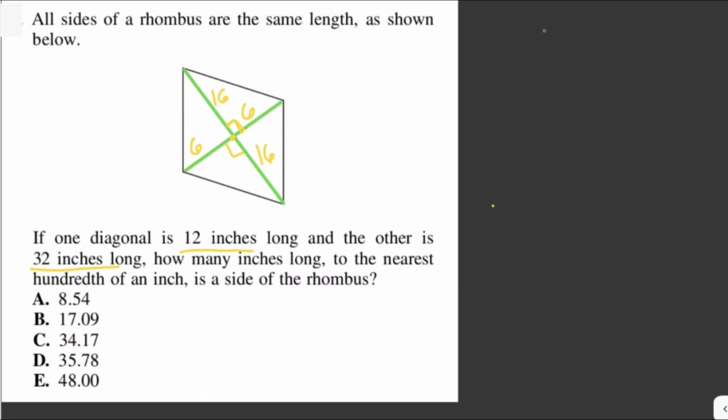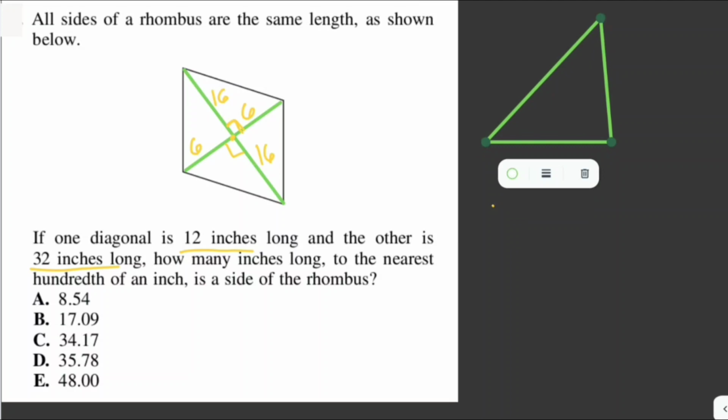So let's draw that. So this is 16 inches, and this one is 6 inches. And this one is one of the sides of the rhombus.